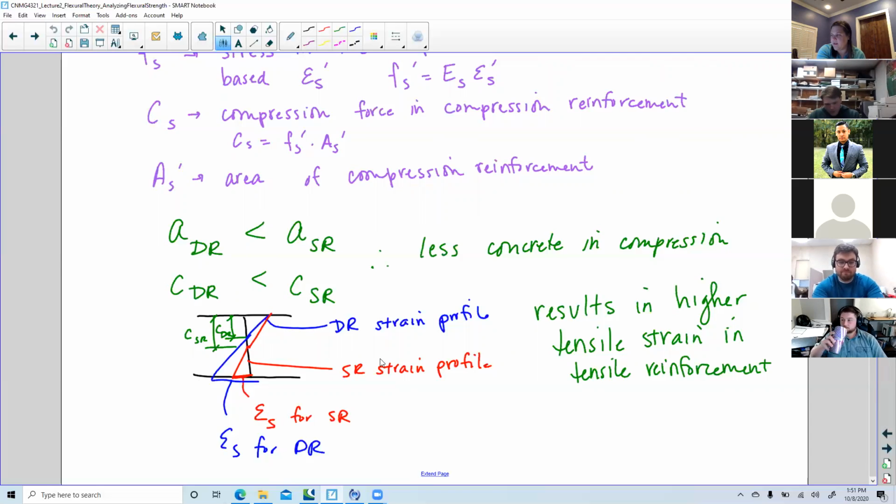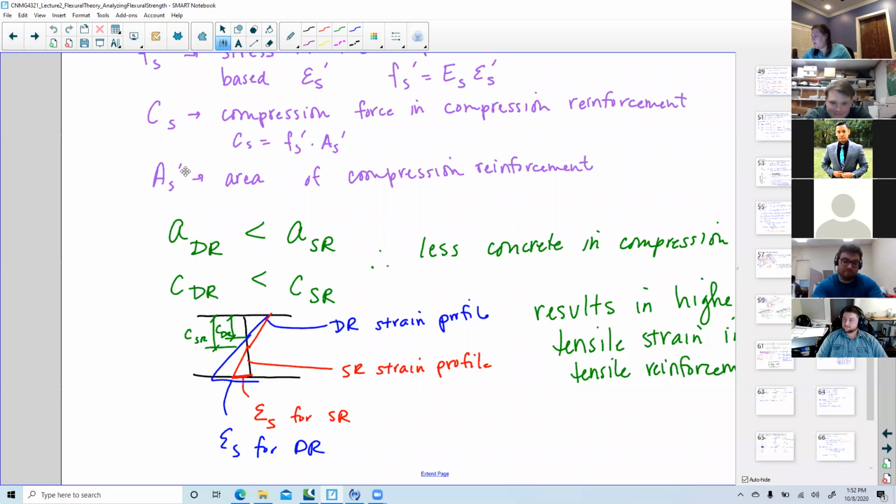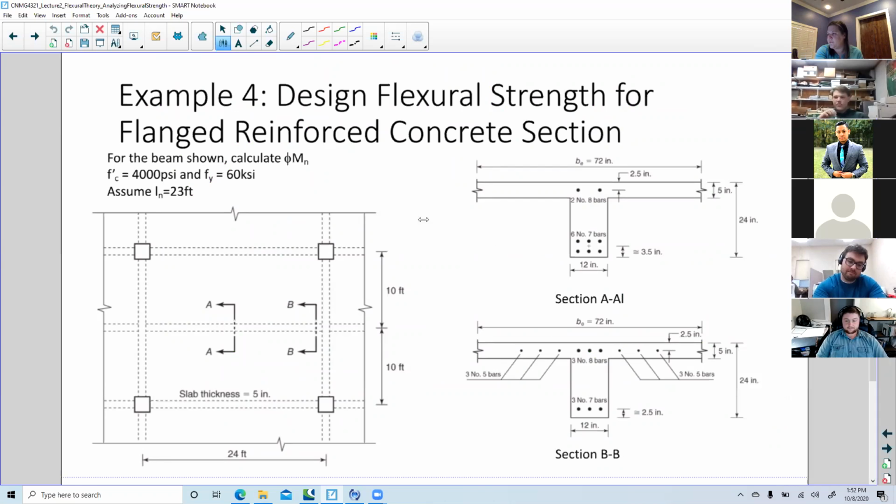But just looking at these right here, those might be on an exam. After that, I'm going to do an example. Does anybody have any questions about compression reinforcement?